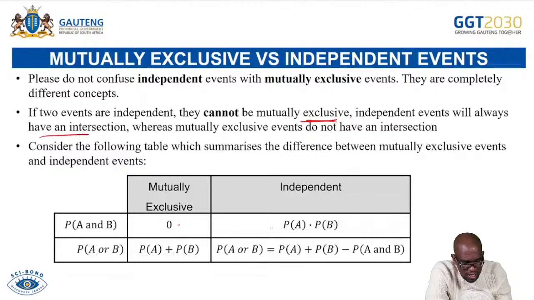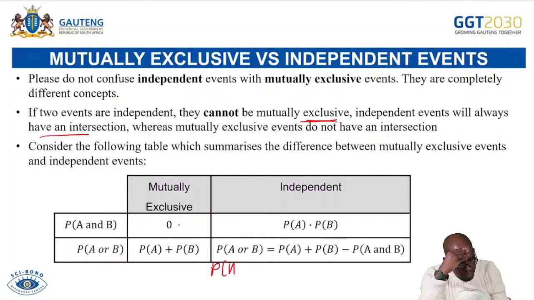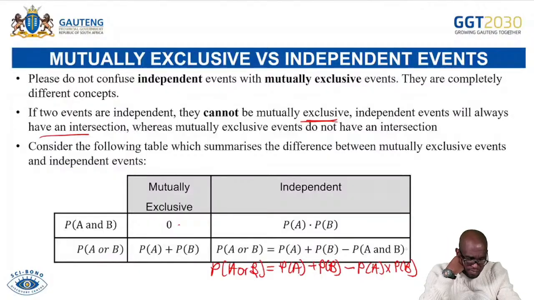But in independent events, the probability of A or B is the probability of A plus the probability of B minus the probability of A and B, which can also be written this way: probability of A plus the probability of B minus the probability of A times the probability of B, because that's what probability of A and B is.